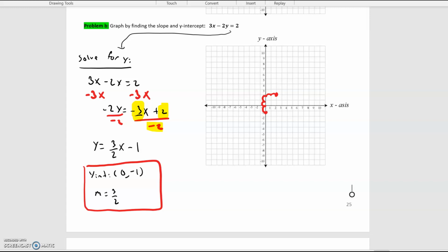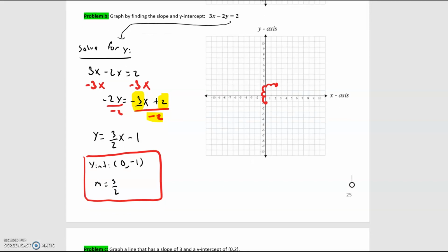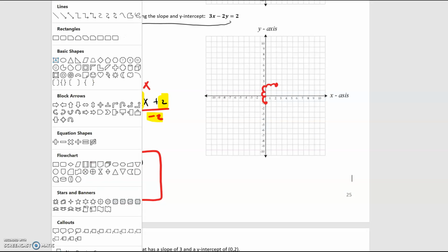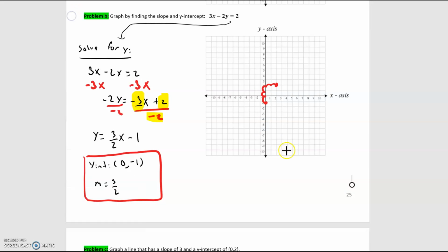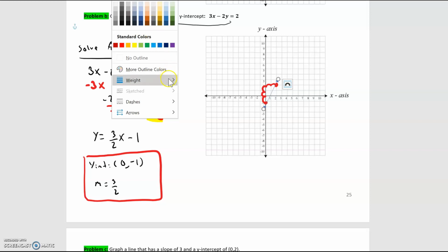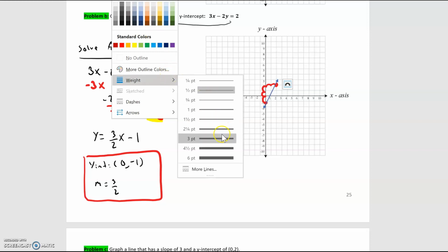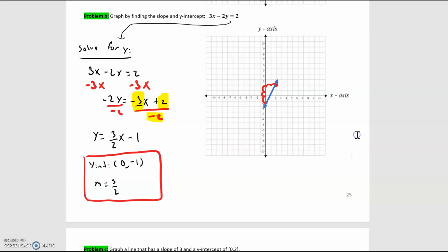So our line is going to be going through those two coordinate points. So our line is going to be going in this direction. Okay, that's it for problem B. Let me just check the algebra. But we're good.